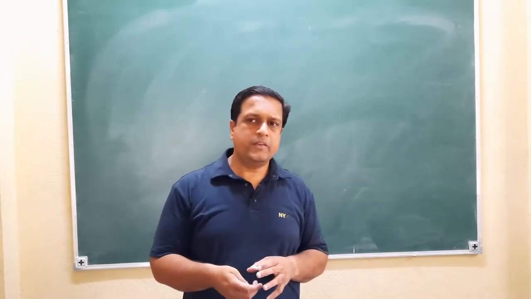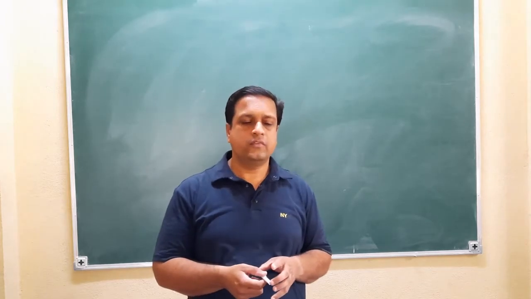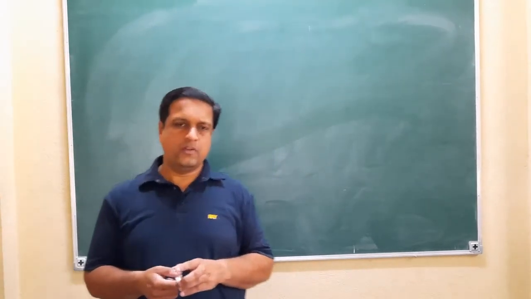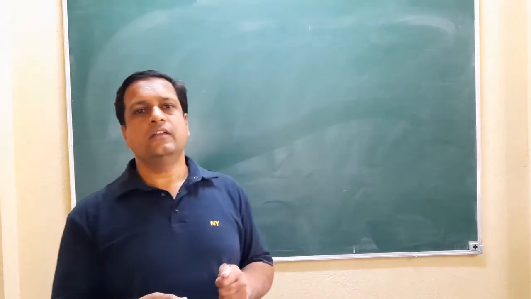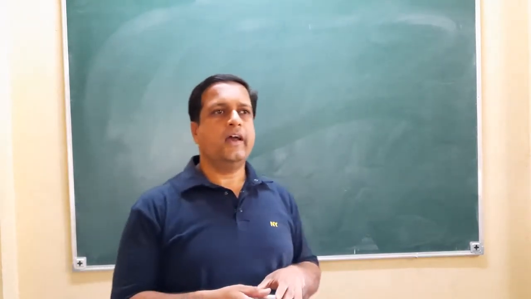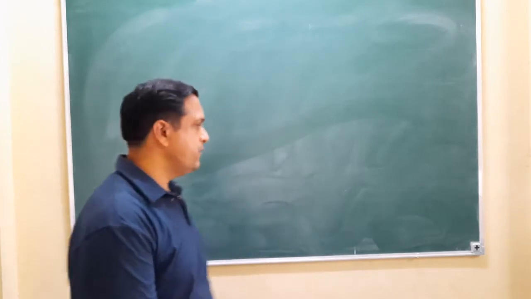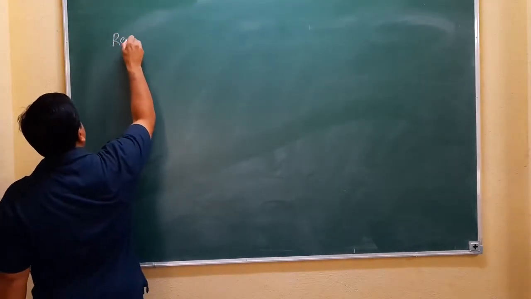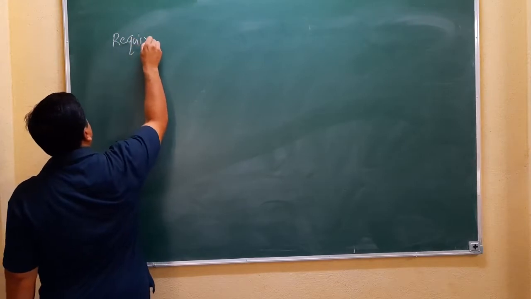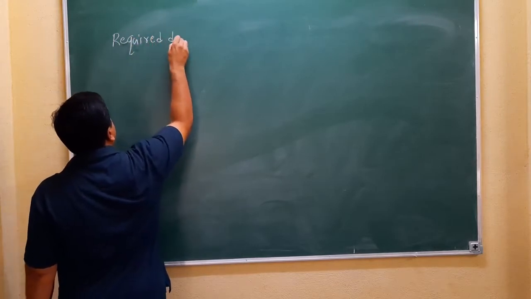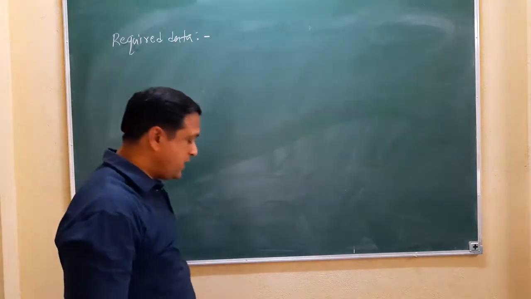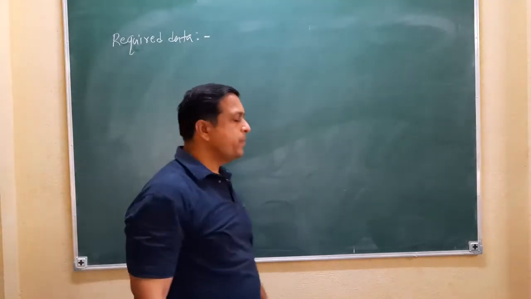So when a beam is subjected to torsion, what exactly do you have to do? One by one, I am going to tell you the steps now. So what is the required data to solve this type of problem?